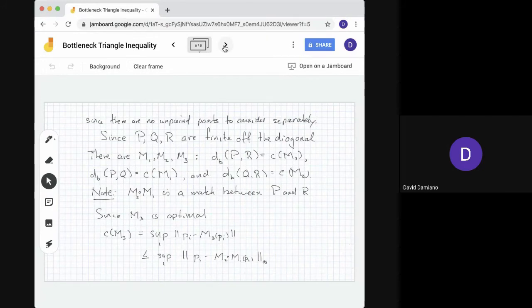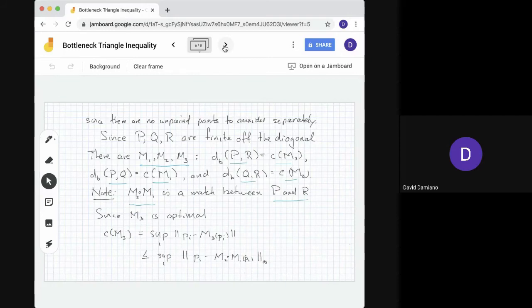Now, since P, Q, and R are finite off the diagonal, there are partial matches, now they're complete matches, M1, M2, M3, such that the cost of M3 is the bottleneck distance between P and R, the cost of M1 is the bottleneck distance between P and Q, and the cost of M2 is the bottleneck distance between Q and R. So now we also see that if M1 is a match between P and Q, and M2 is a match between Q and R, M2 composed with M1 is a match between P and R.